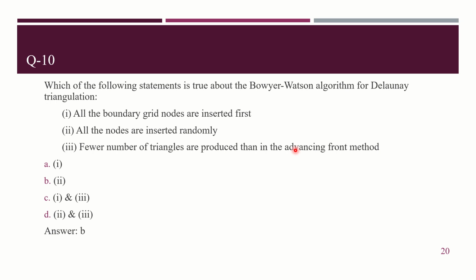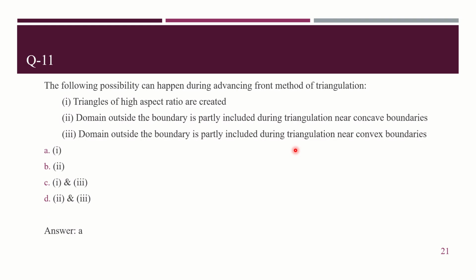And then we have question 11. In question 11, it is asked that the following possibility can happen during advancing front method of triangulation. First one, triangles of higher aspect ratio are created. Second one, domain outside boundary is partly included during triangulation near concave boundaries.